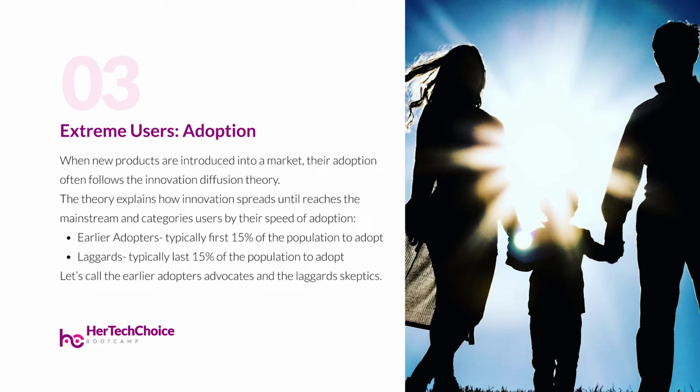So the first category is the early adopters, which is typically the first 15% of the population to adopt this new innovation. Then the other category is the laggards, which is typically the last 15% of the population to adopt. So let's call the early adopters advocates and the laggards skeptics.